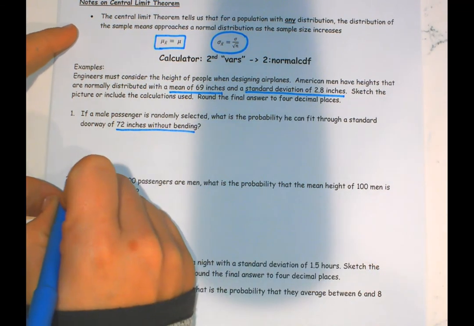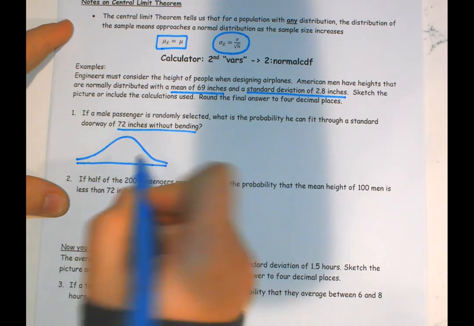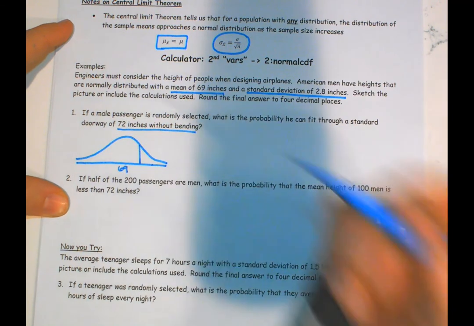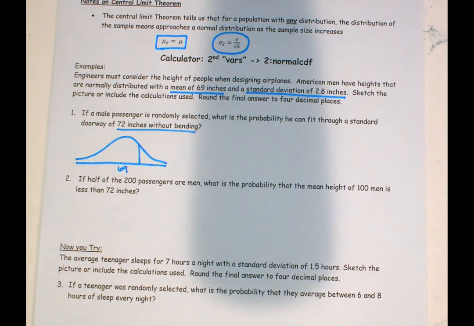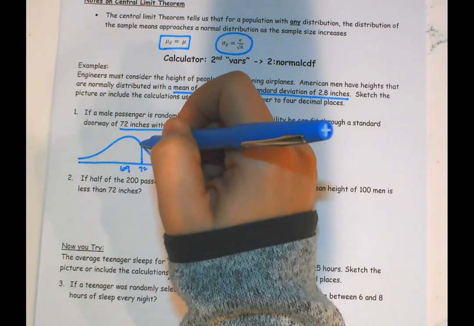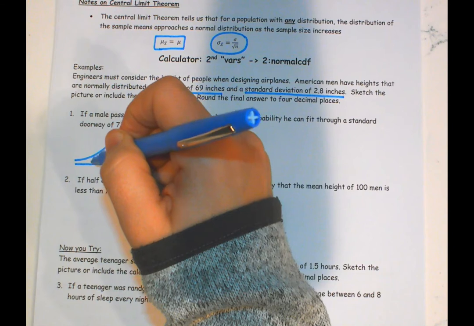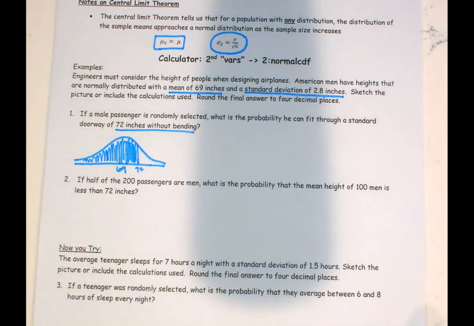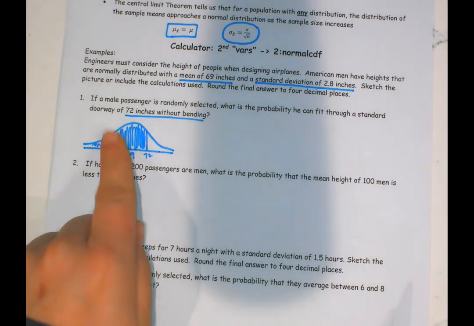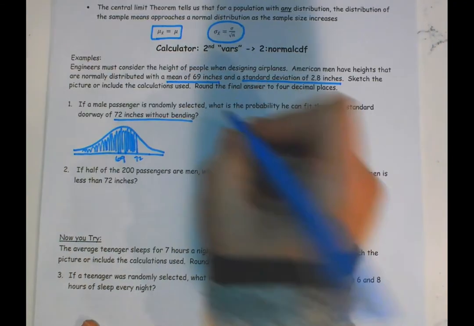If we think about our normal curve and our mean is 69, and our doorways are 72 inches tall, then anyone that's 72 or shorter would be able to fit through the doorway. So we're looking at this shaded region here.